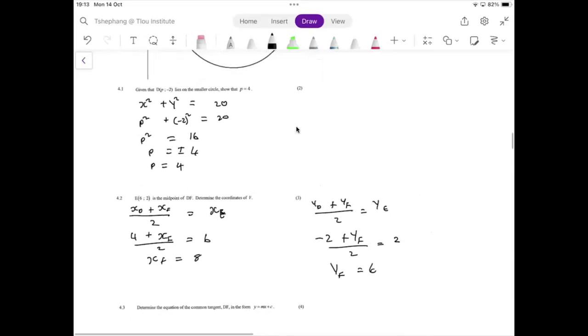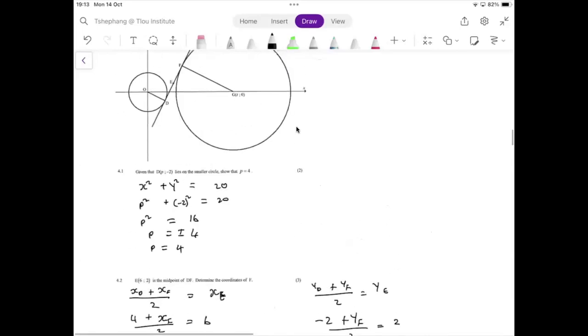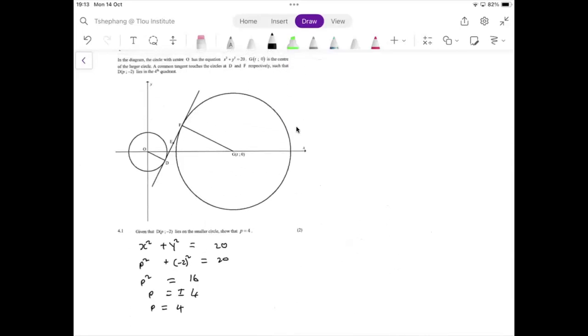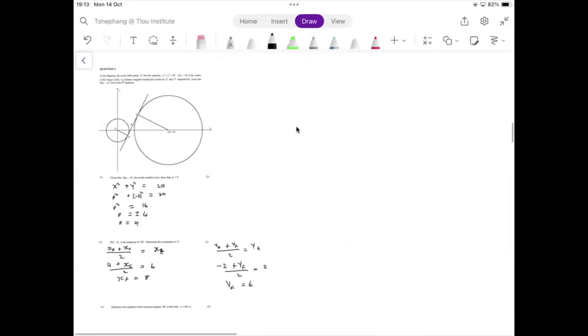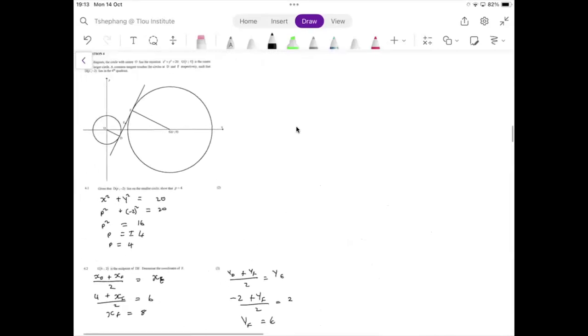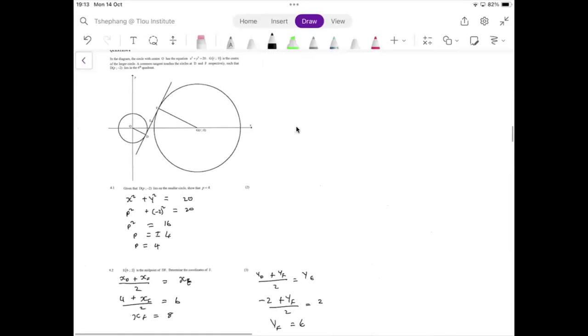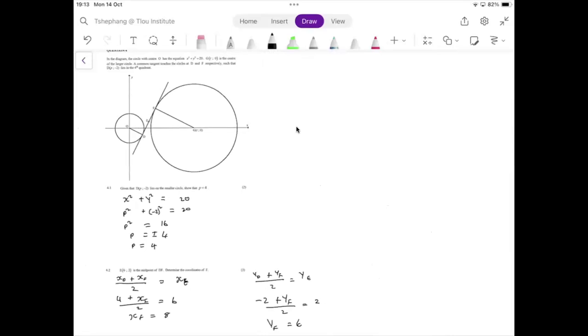If I try to display both the diagram and the answer, it's going to be very, very small because I have to zoom all the way out. Now it's very small. You can't even read what they're saying there. But I'll just try to scroll back.